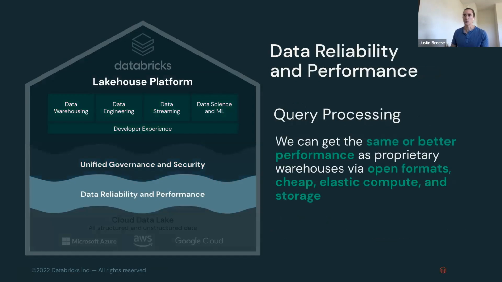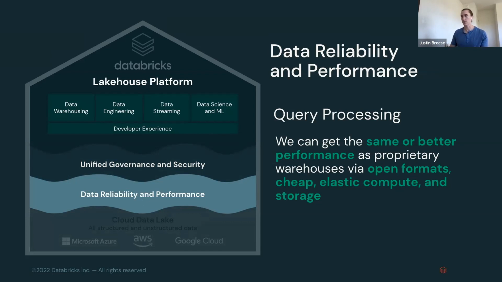Within the Lakehouse, there's data reliability and performance, and that's where we play, specifically in the realm of query processing. The ethos of the team is that you can get the same or better performance as a proprietary warehouse via open formats, cheap, elastic compute, and storage.